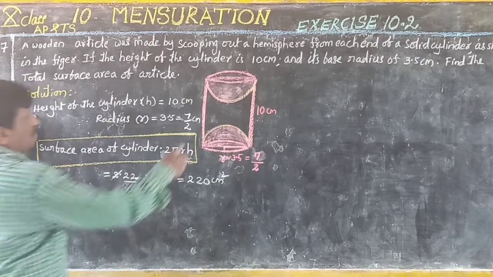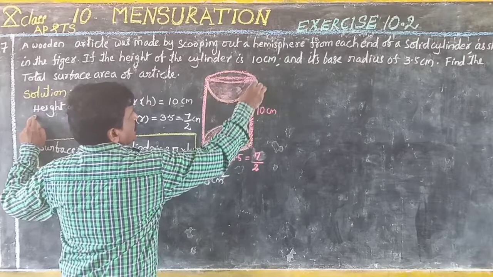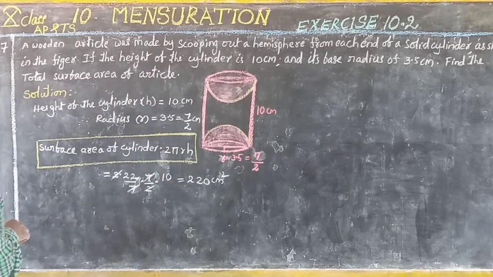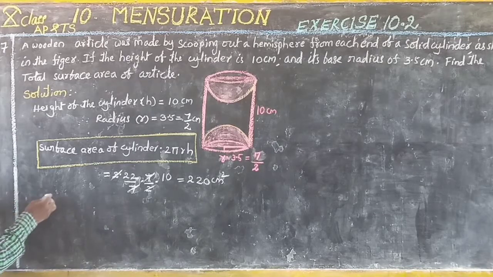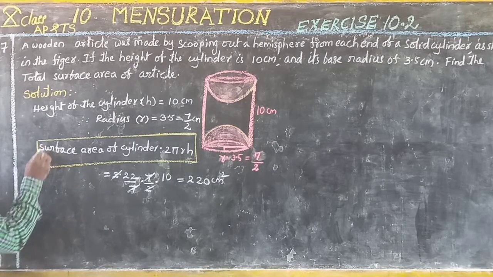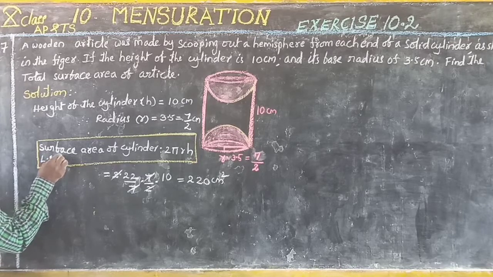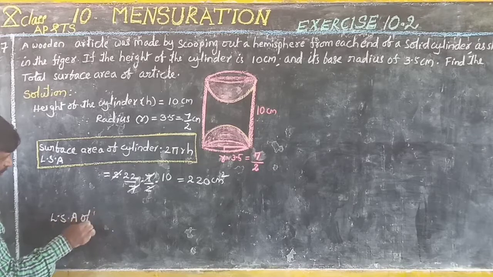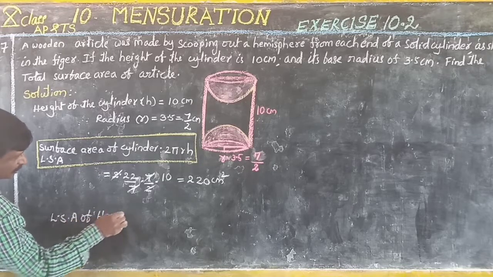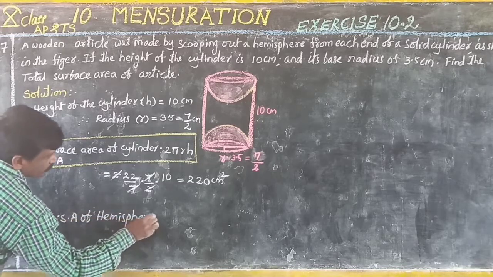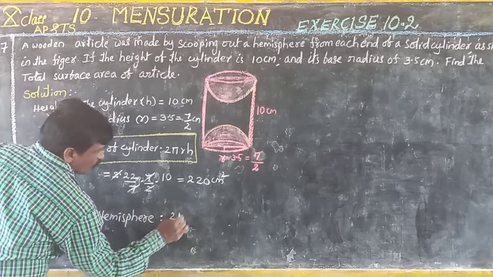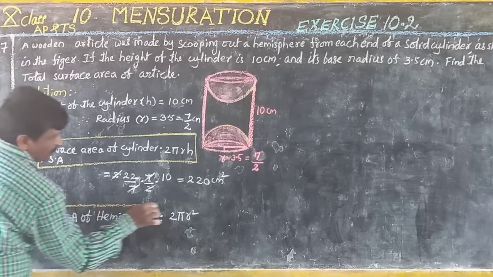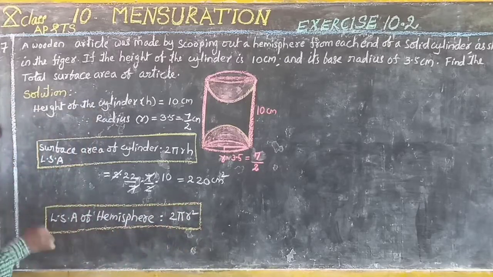Next we will find out the lateral surface area of the hemisphere. Lateral surface area of the hemisphere is 2 pi r square.